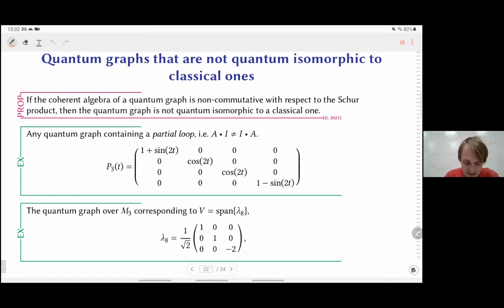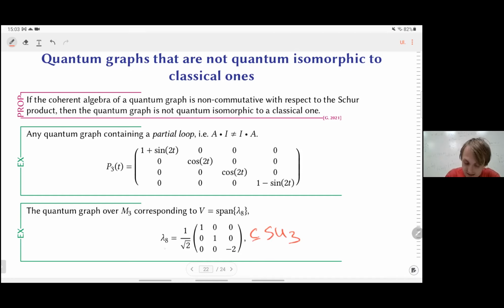Another example is constructed with this matrix lambda 8. I call it lambda 8 because it's the classical name for it. It's one of those so-called Gell-Mann matrices forming a basis of the Lie algebra SU3.